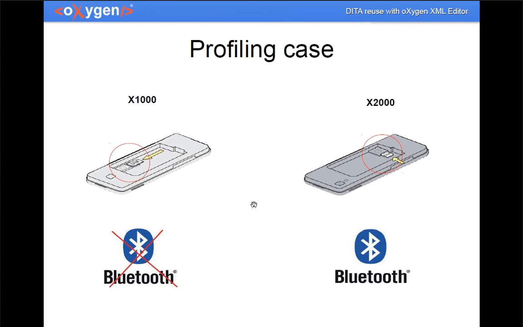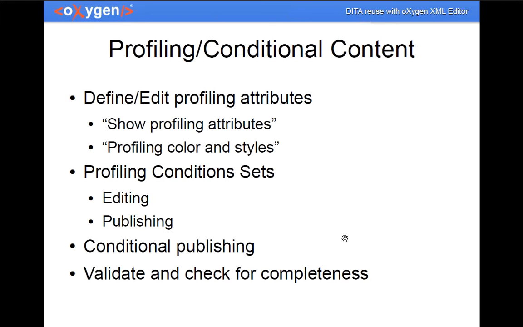So just a short reminder of what we've seen so far. We've seen how to define the profiling attributes, and how you can understand which content is profiled and for which models by using the show profiling attributes action or the profiling colors and styles. We've created profiling condition sets and we've used them both when editing, to focus on a particular model, and when publishing.